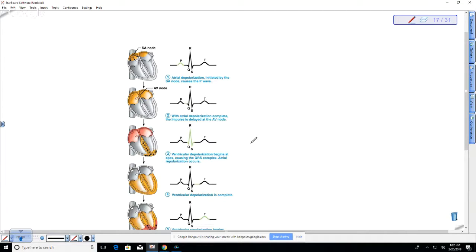Okay, so we're going to watch a video, and one of the things that they mention is a procedure called ablation. So ablation is where they burn extra nodal tissue that has developed in the heart.